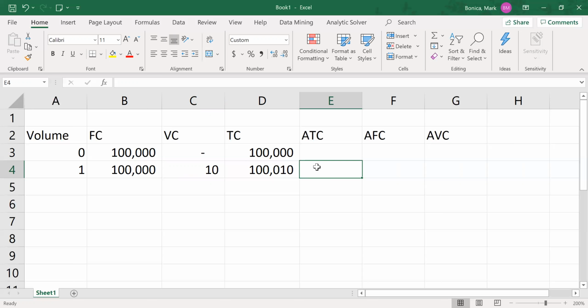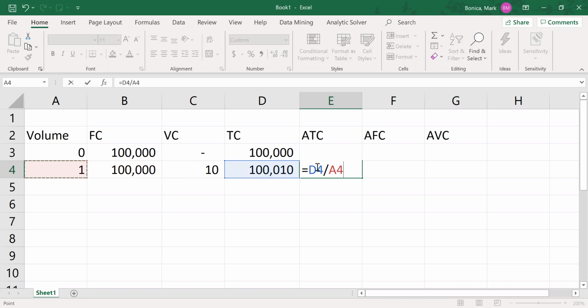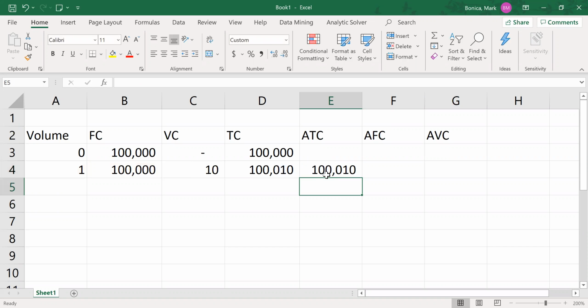Would you take total cost and divide it by volume? Yes, I'm going to take my total cost. So I'm going to say equals, and I'm going to choose the total cost value, and I'm going to divide it by the volume, which in this case is 1. So 100,010 divided by 1 is going to be 100,010, right?